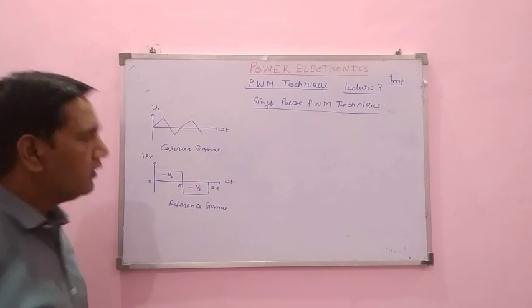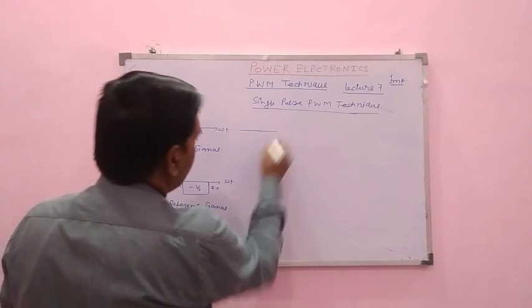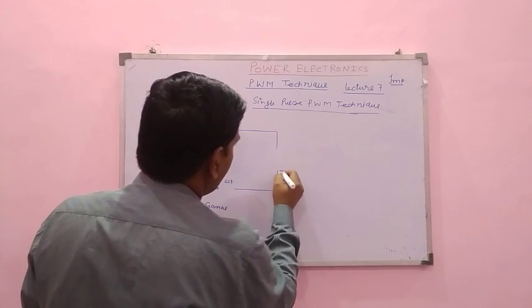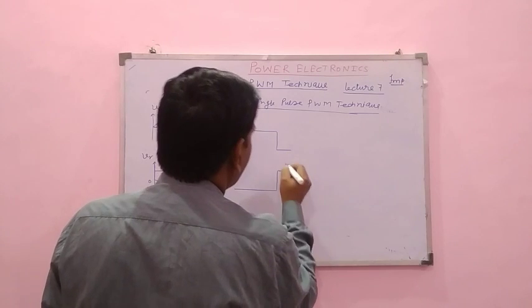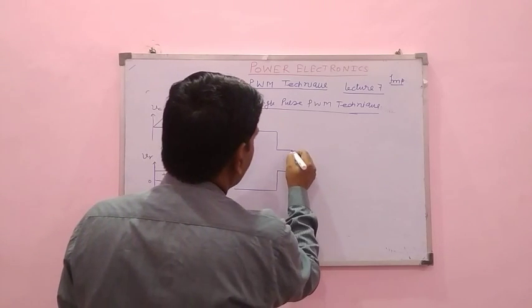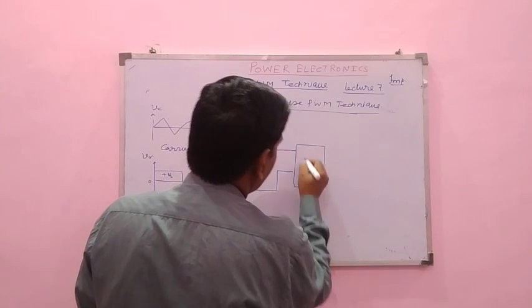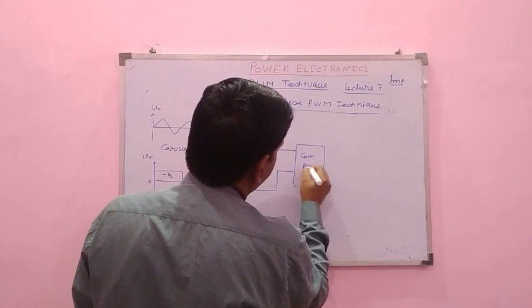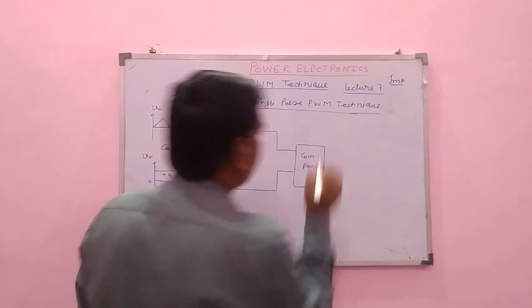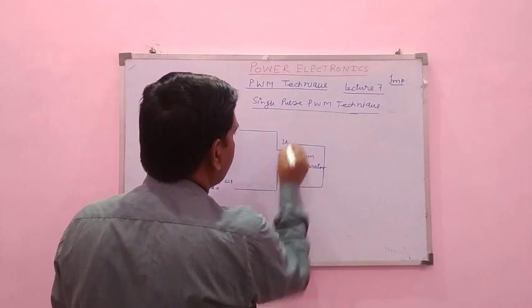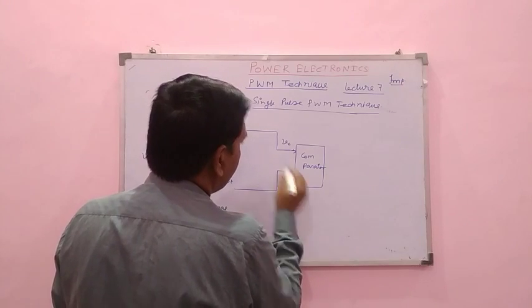Okay, now these two signals are given to a comparator. You have studied the comparator in digital electronics. So here we have two types of signal, the carrier signal and the reference signal.